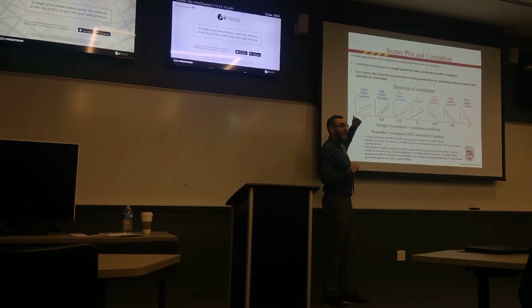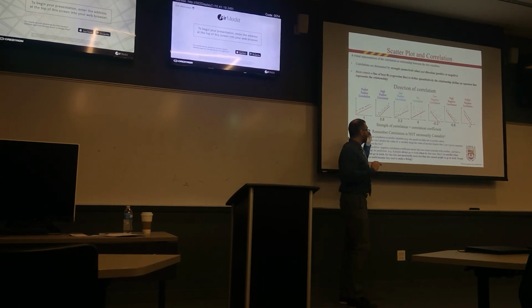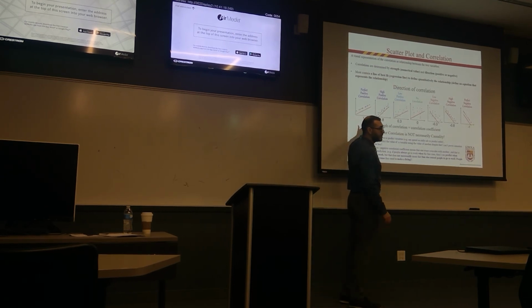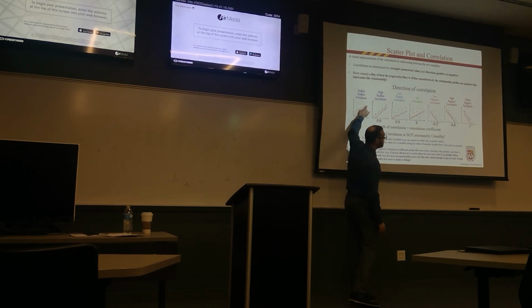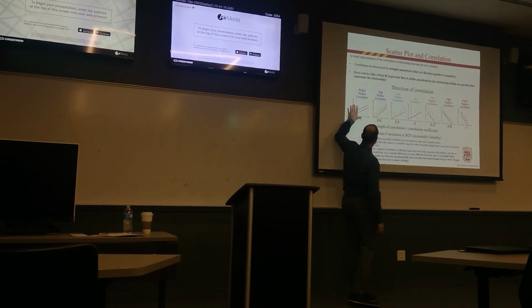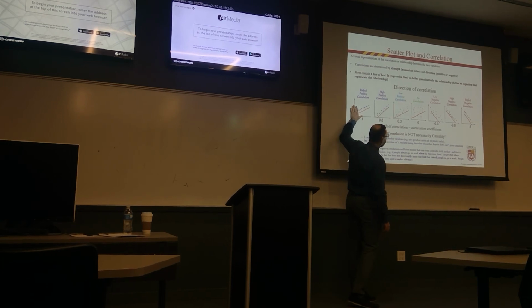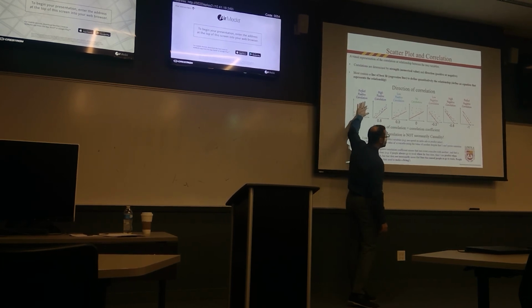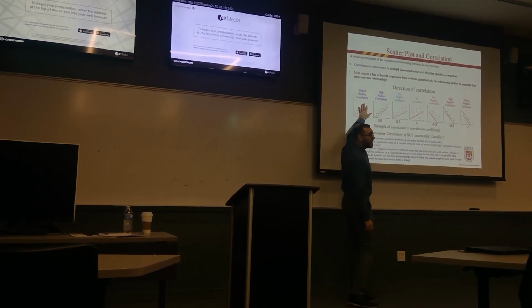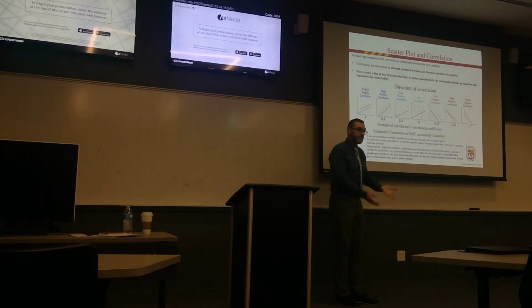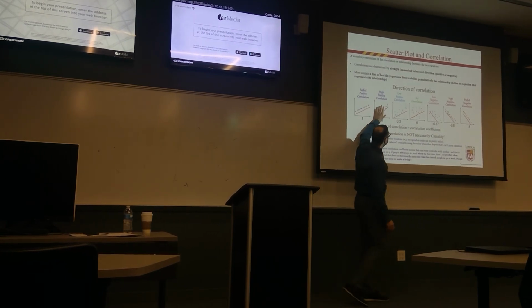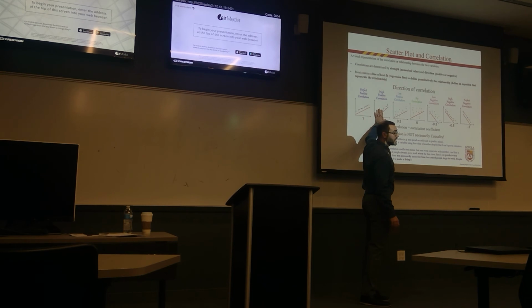So, if the variables are 100% linear, then this line is the best line that represents the relationship, because it's linear. But not every relationship between two variables is linear.